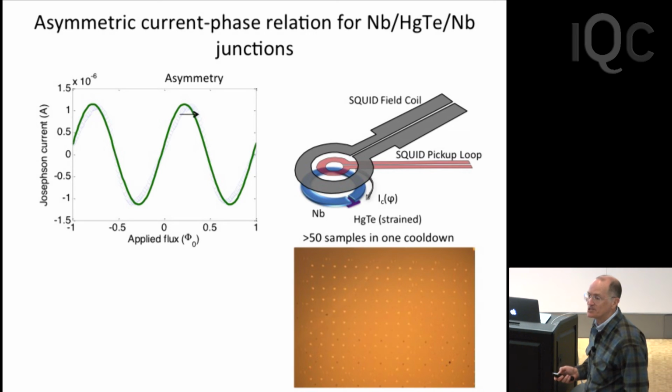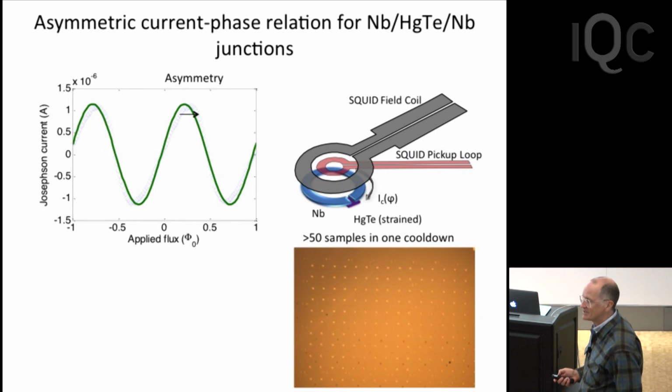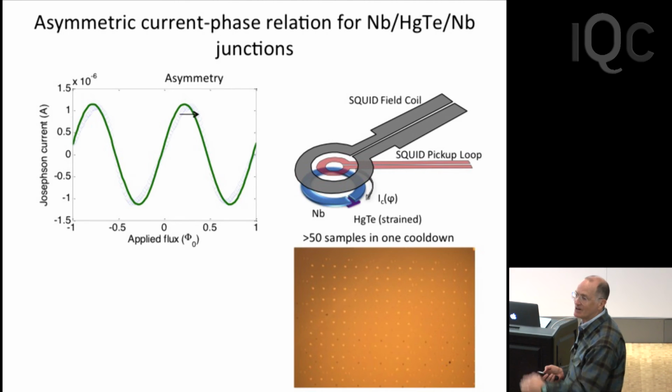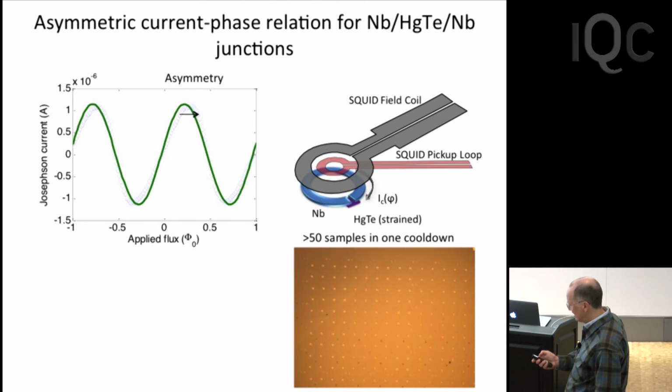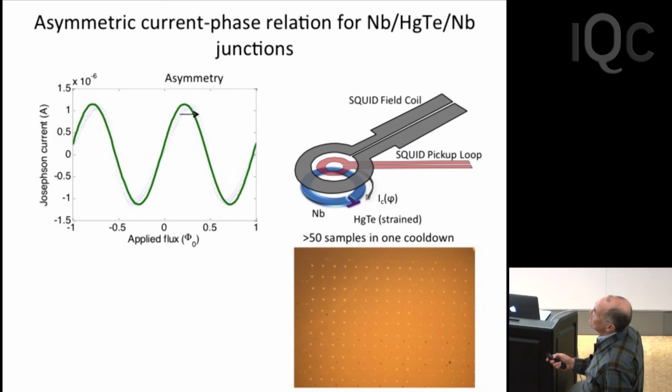There's a lattice mismatch, and so the mercury telluride is strained. And it turns out that what that does, it tends to pin the Fermi level in the insulating gap. So in this case, you're more likely to see effects from topological protection. And in fact, you do.